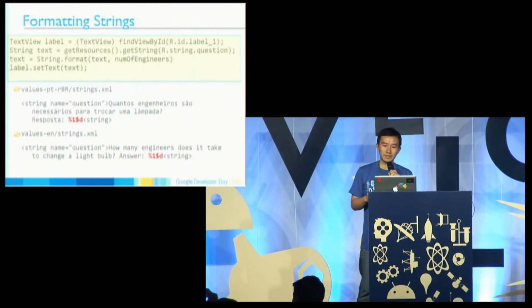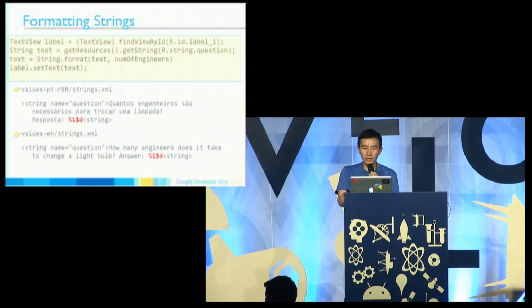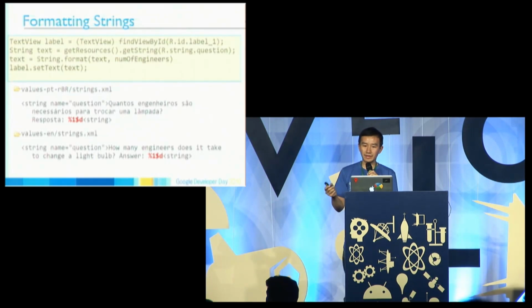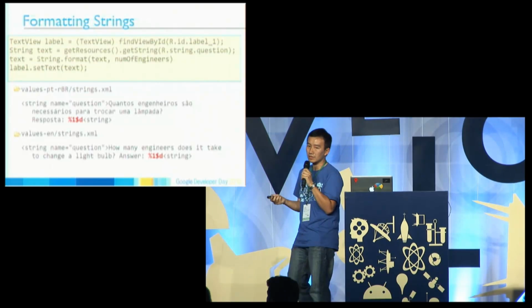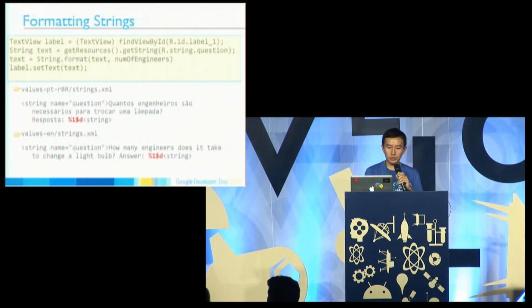Going back to the code snippets, this is how you would instantiate this string by calling getResources.getString, referring to R.string.question, which automatically maps to one of these, depending on, again, the current system locale. And as you can see, you can also merge data at runtime. You can merge an integer value into the string to be displayed on the UI.